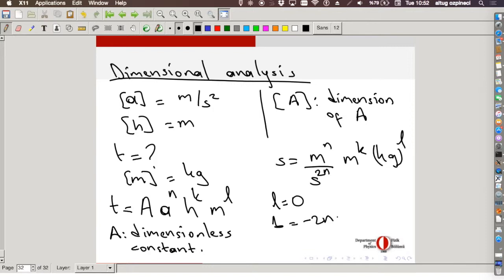So this tells you that n should be equal to minus 1/2. What is the power of meters on the left-hand side? 0. What is the power of meters on the right-hand side? We already know that n is minus 1/2, so k should be plus 1/2. There is only a unique solution. So let me just copy these.